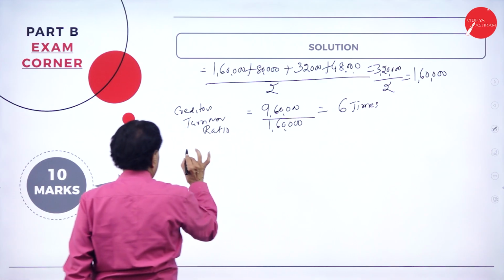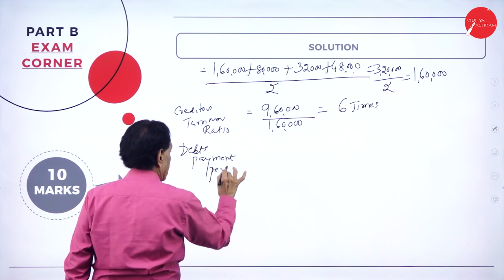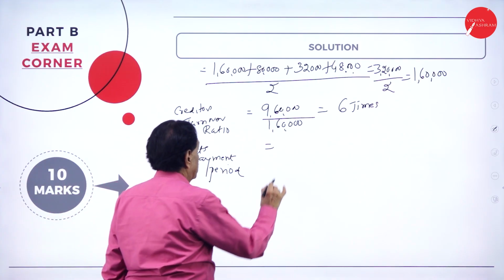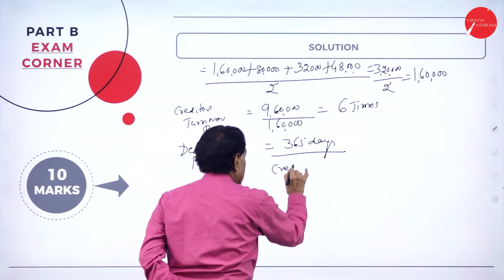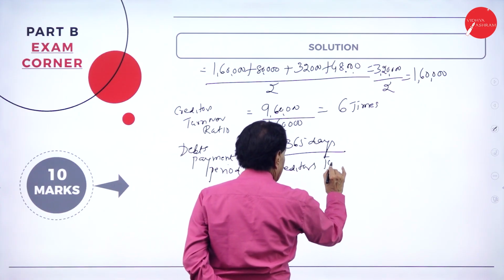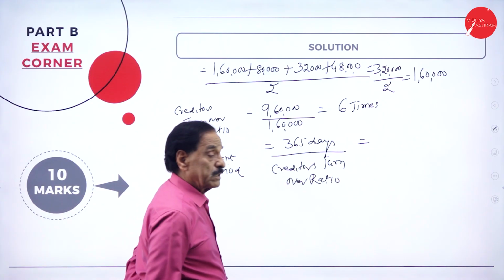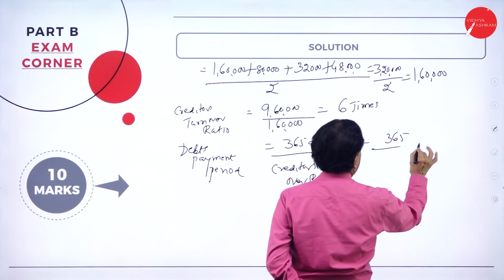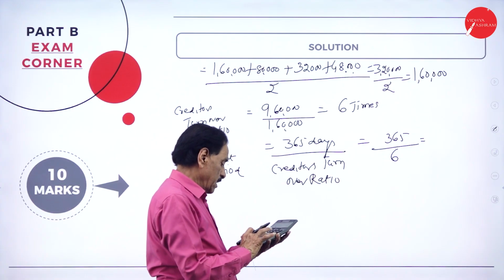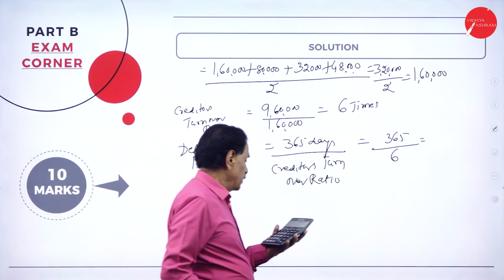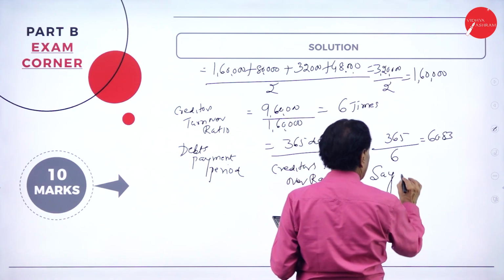Then debt payment period is equal to 365 days divided by creditors turnover ratio, is equal to 365 divided by 6. 365 divided by 6 is 60.83, say 61 days.